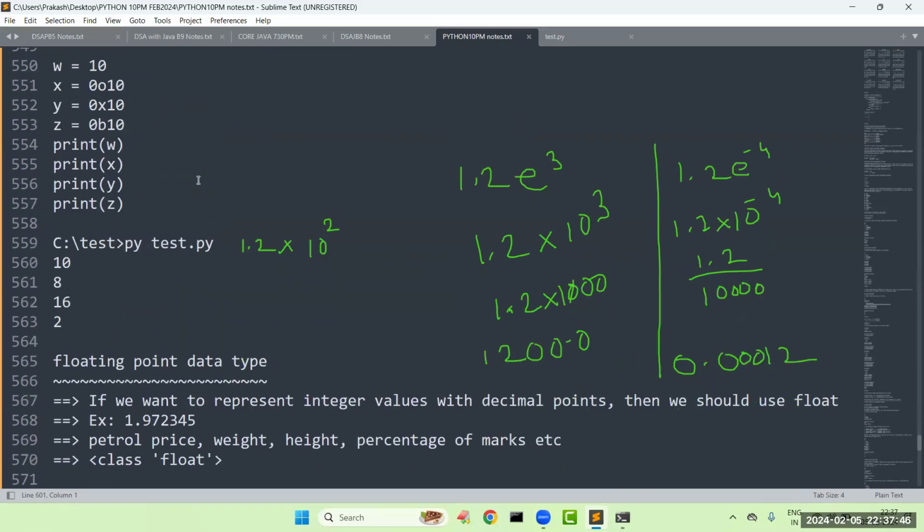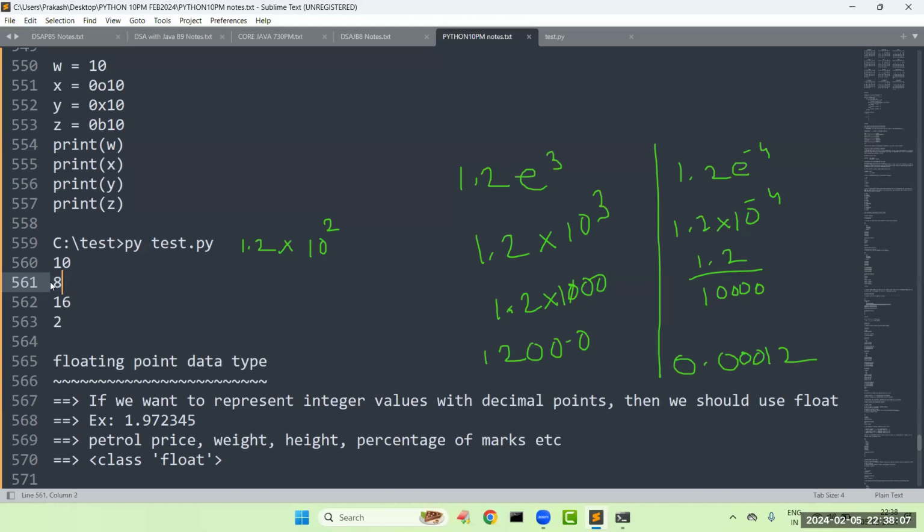Integer or floating point, where is the doubt? Here we have given 0o10, and we are printing the value of x. So why is it giving us the output in integer format only, in decimal format?